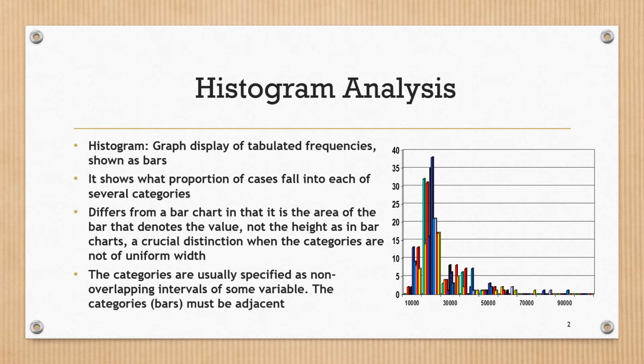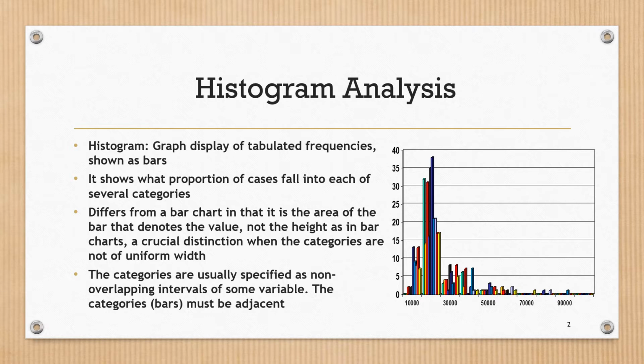Histogram, as shown on the screen, is a graphical display of tabulated frequencies, shown as bars. Plotting histograms is a graphical method for summarizing the distribution of a given attribute.